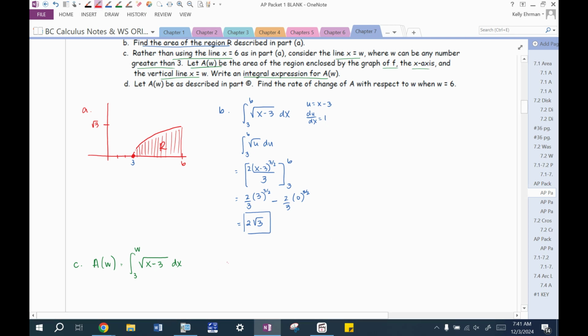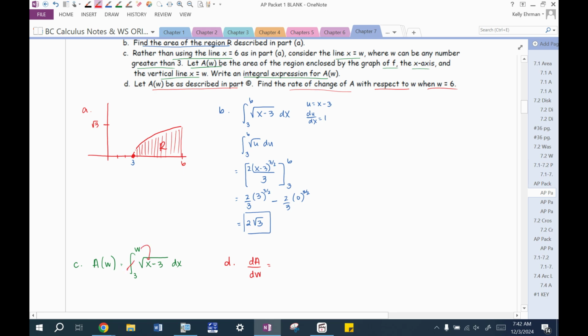And then for part D, let A of w be as described in part C. Find the rate of change of A with respect to w when w is 6. So right now it's A of w. So find dA/dw. Okay, take the derivative of both sides. Now this one's interesting because you're taking the derivative of the integral, which cancels out.